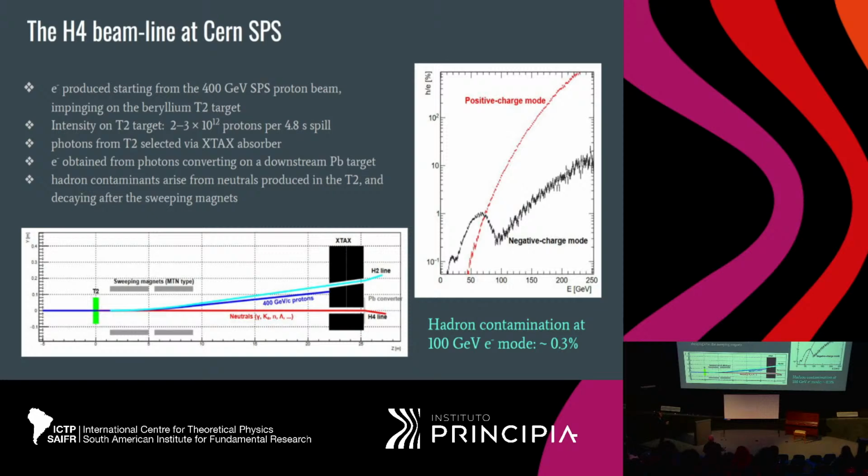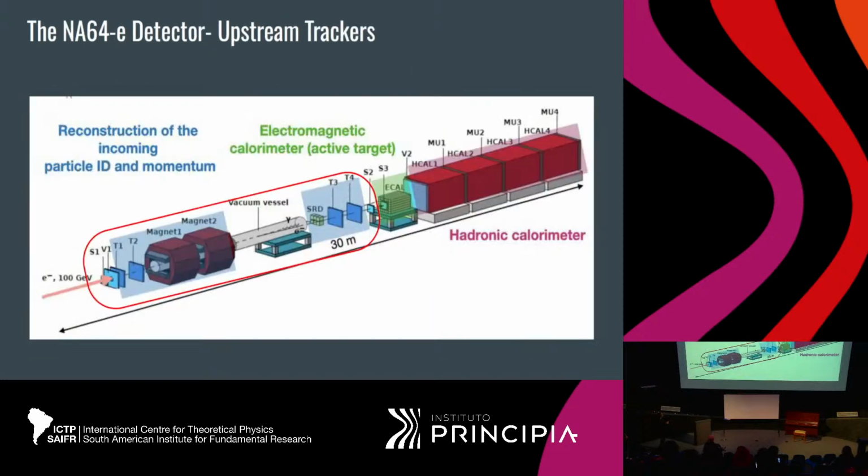So for example, if you want electrons, you have this contamination, and this is the number of hadrons per number of electrons impinging on your experiment, and you can see that at 100 GeV, which is the operation energy of NA64, we have of order 0.3% hadrons per each impinging electron, and this is something that has to be accounted for.